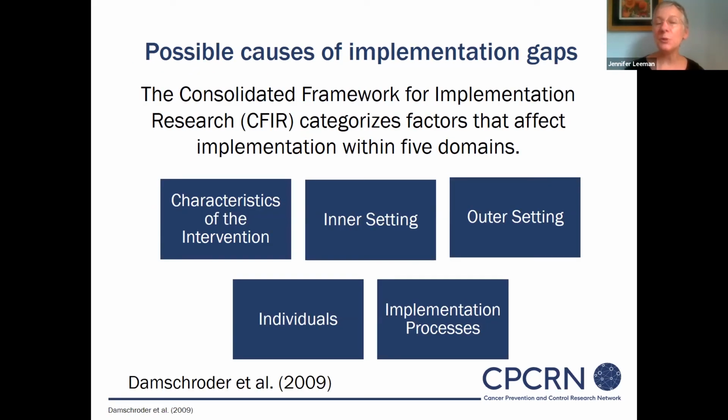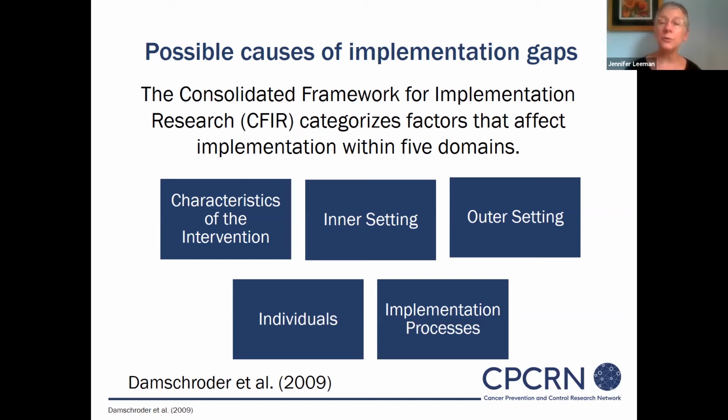So I'm going to introduce another framework from implementation science. This is perhaps the most widely used framework in implementation science. And it's a framework that helps you think about the potential causes of your gaps in implementation. So this framework could help you think widely about the factors that may help to explain why only 75% of patients are getting the FIT kit when they come in for the flu clinic, or any other kind of gap in implementation.